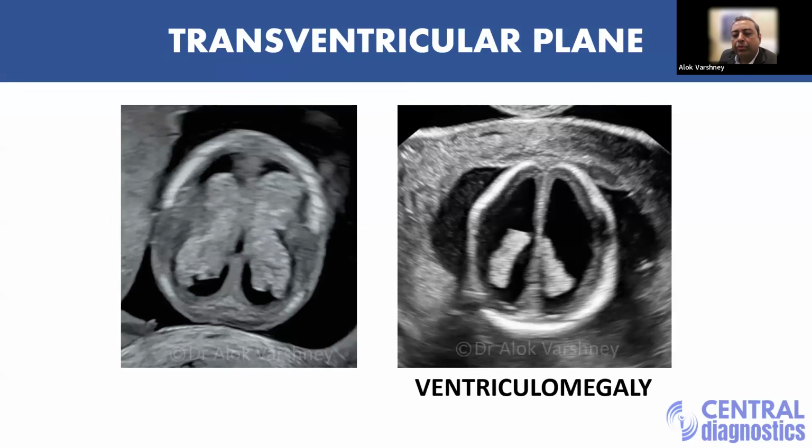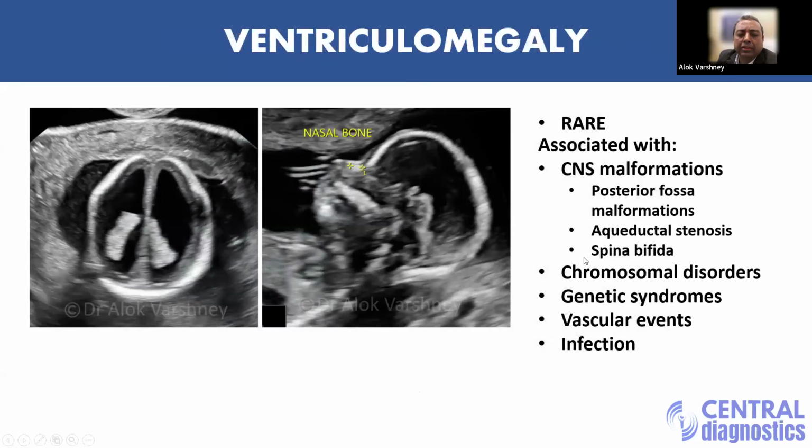So we have to have a visual impression of how the choroid plexuses look, whether they are filling up the ventricles or not. If we see a lot of space around the choroid plexuses, that is suggestive of ventriculomegaly. And this is actually very rare in the first trimester.